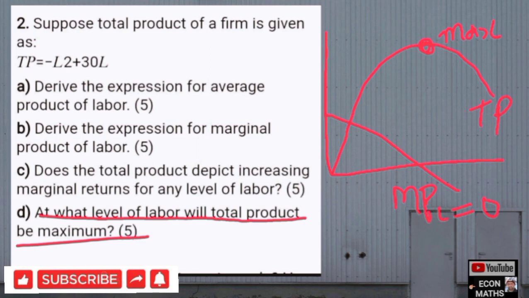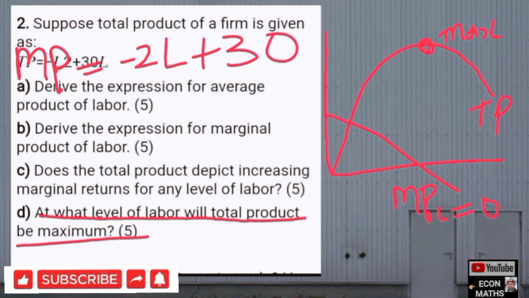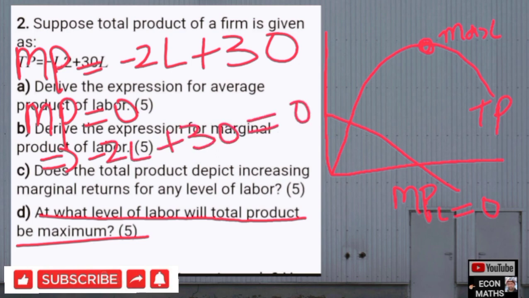So we will see. First, we have seen that the marginal productivity of labor which we got was minus 2L plus 30. Now set it equal to 0. Marginal productivity of labor is equal to 0 implies minus 2L plus 30 is equal to 0. Solving for L, this 30 becomes minus 30, and this 2 is divided, becomes denominator. So we get minus 30 divided by minus 2, we get 15.